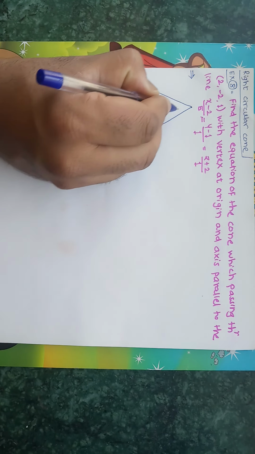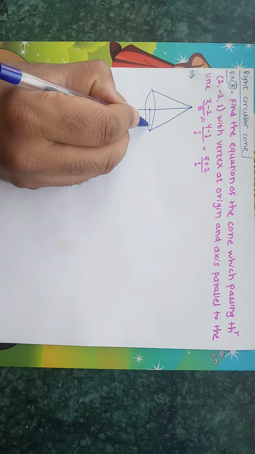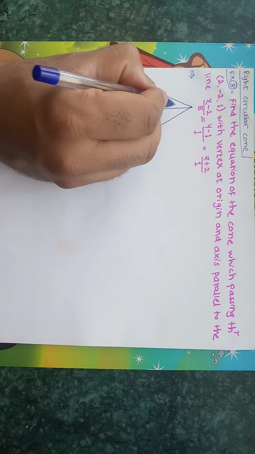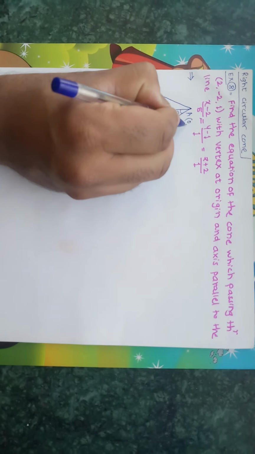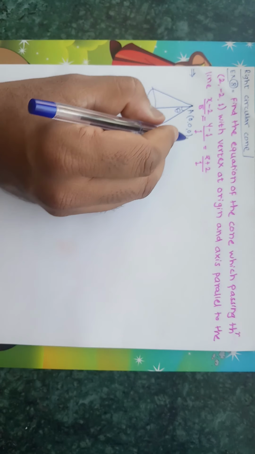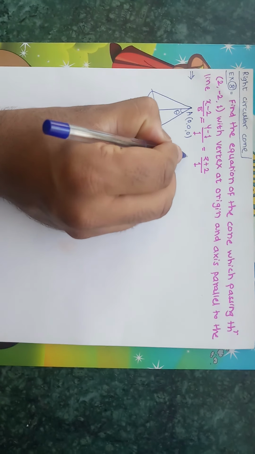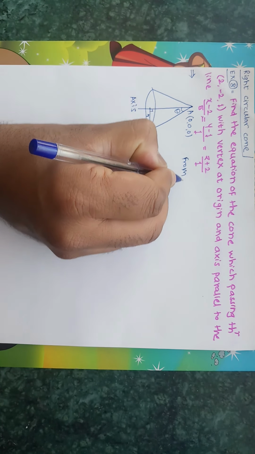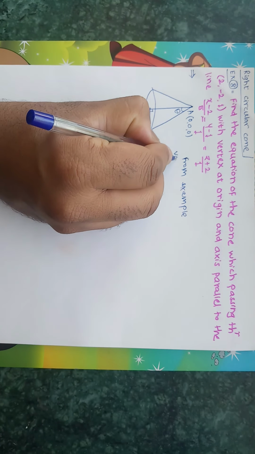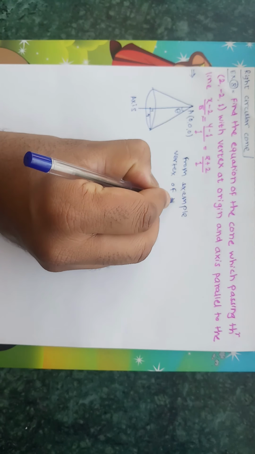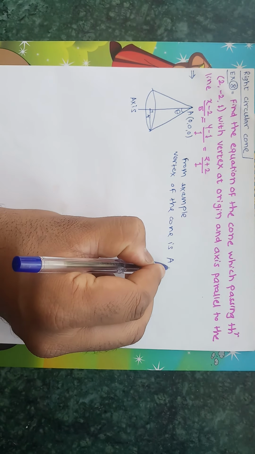So where to start again? This is the figure of a right circular cone. This is the center, radius r, right angle, semi-vertical angle theta. The vertex is given as the origin, that means (0, 0, 0). This is the equation of the axis. The vertex of the cone is the origin.